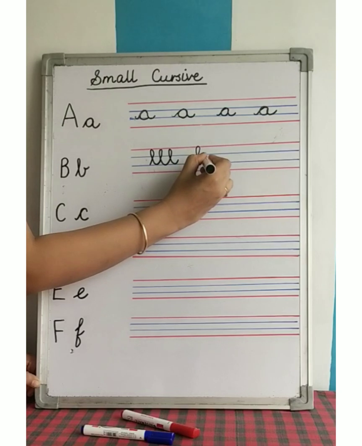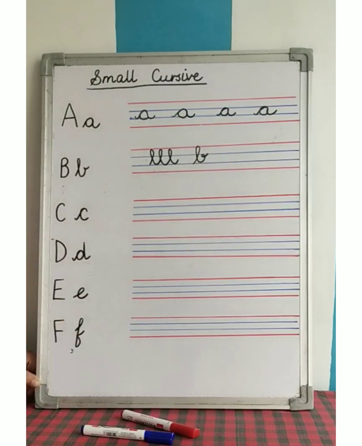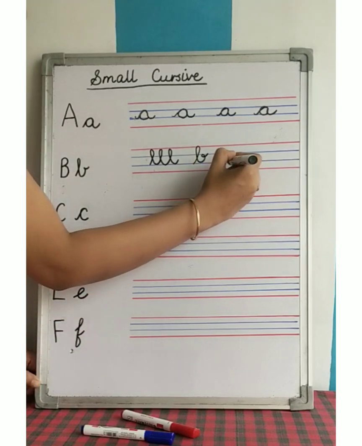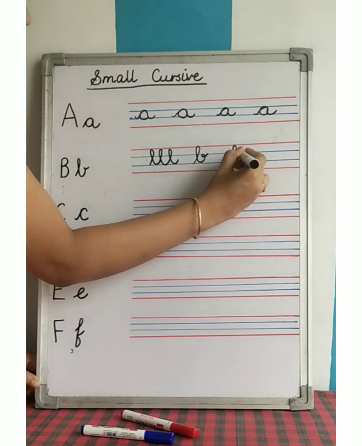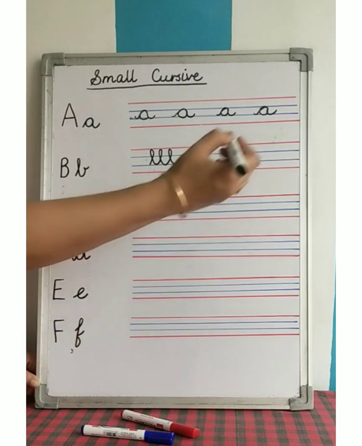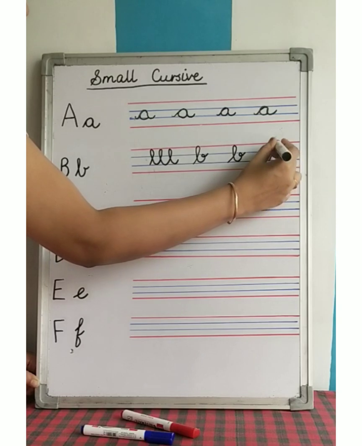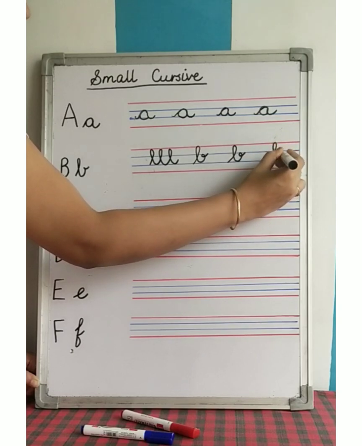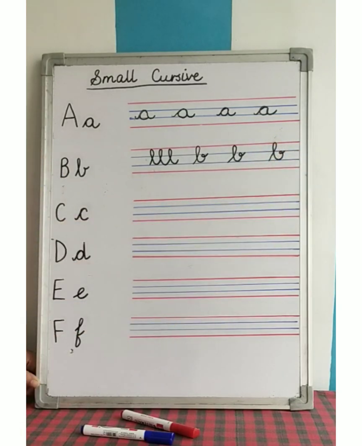So now we'll make the pattern first, extend it and then form a tail. First the curved line pattern and then a tail. Small cursive B we write on 3 lines, the red line and then 2 blue lines.